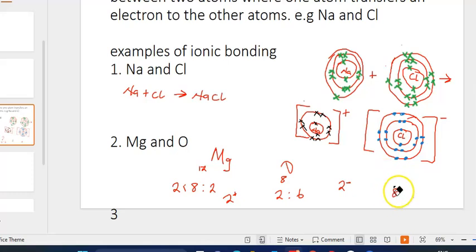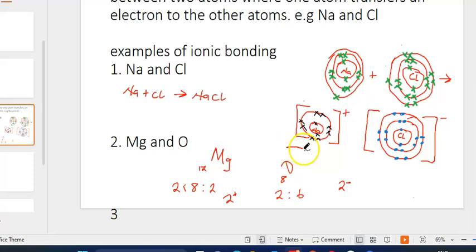So I'll leave it to you now to write the bonding between magnesium and oxygen. Show the reaction and the type of bond between magnesium and oxygen. You write it like this.